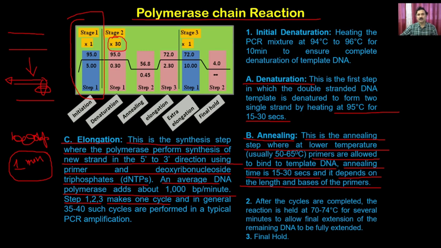After that, you ask the machine to keep the reaction at 4 degrees until you take it out, and that is called the final hold. So after the cycles are complete, the reaction is held at 70 to 74 degrees Celsius for several minutes to allow the remaining DNA to be fully extended. Then you keep the reactions at 4 degrees for the final hold.